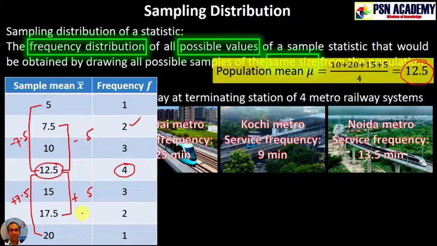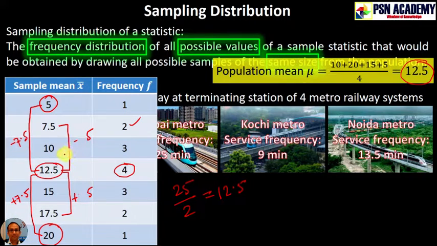So you notice one thing, that though these sample means have a deviation on one side, there is a compensatory value on the other side, so that both values concentrate on 12.5, isn't it? That means if you have this 5 and this 20 here, both values add up to 25, and you take the mean, then you will get 12.5.